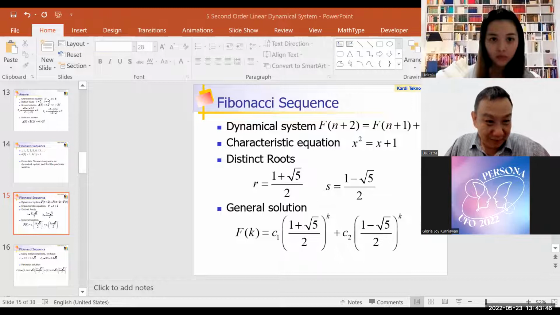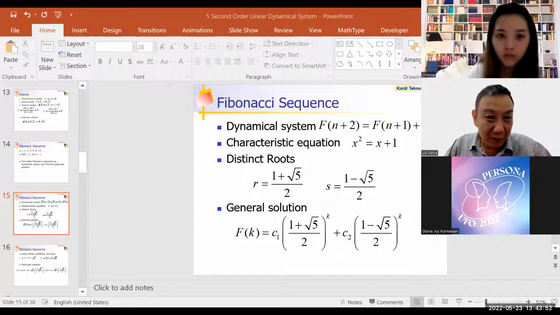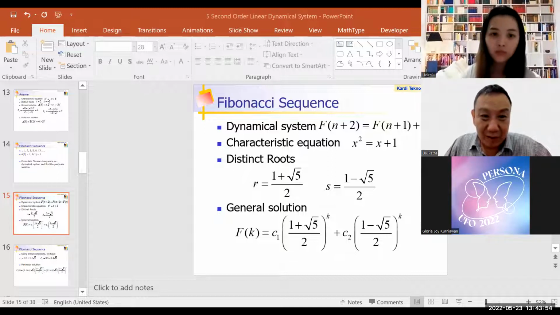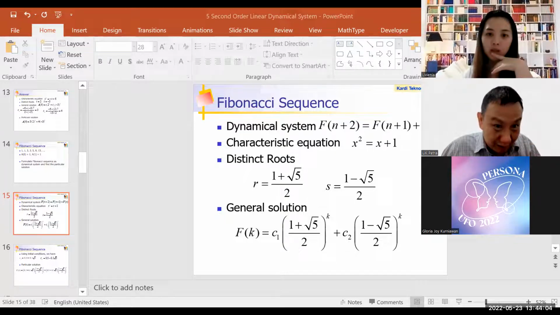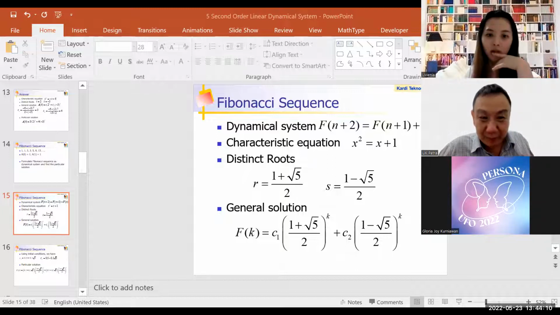There. Okay, golden ratio, golden number. What is that value? I think there is a Wikipedia page. Golden ratio. Can you see?